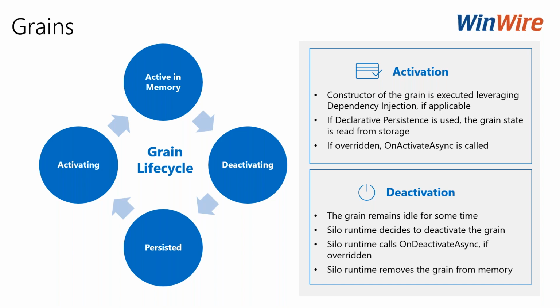Now, deactivation happens in different ways. One kind of deactivation is basically there is a time period that you can customize on which the garbage collector runs on Orleans, and then it sees if a grain has been idle for a certain amount of time, then it is deactivated, right? And then, as I said, you can always customize how much you want that time limit to be. Say, for example, 30 minutes, a grain is not being used and it's been idle, then it is deactivated.